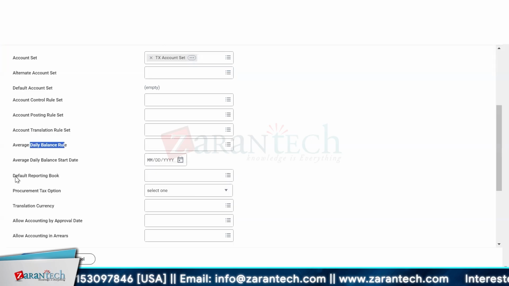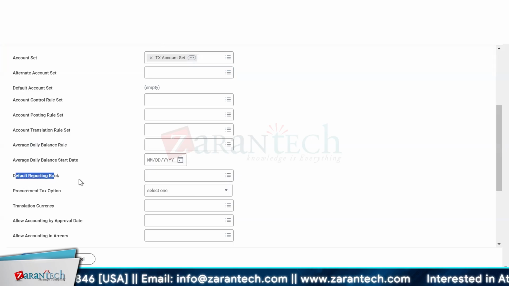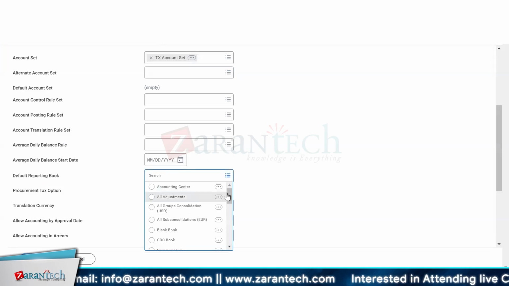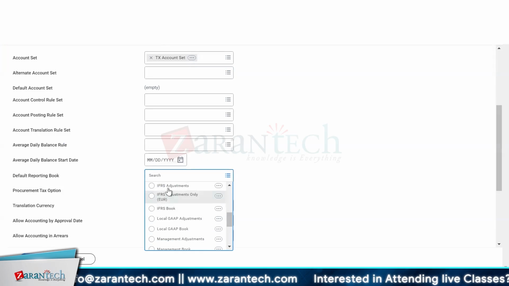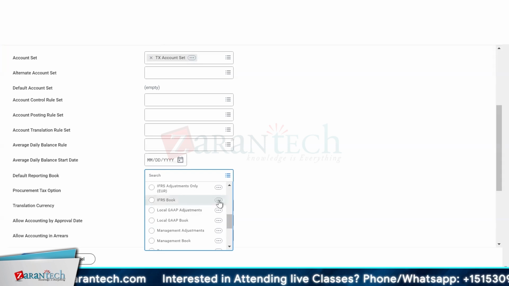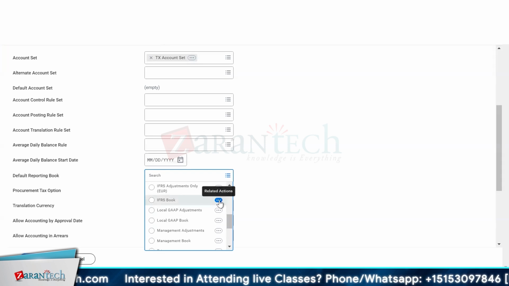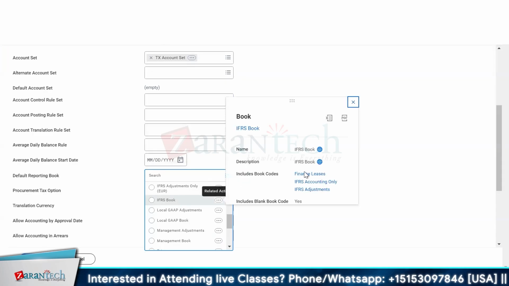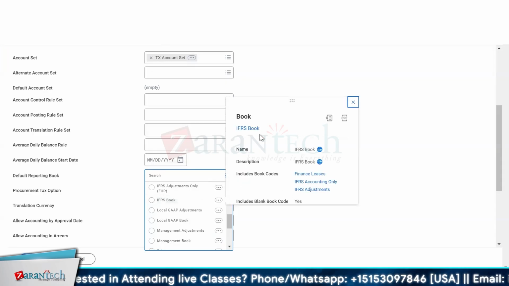Now this is the reporting book. If you remember in the edit and setup, we have cash basis. So these were the books that were there: IFRS adjustments, IFRS book, local GAAP adjustment, US GAAP. Those books are defined. I will explain these book concepts, but this is a separate concept, why we need to maintain these kinds of books.